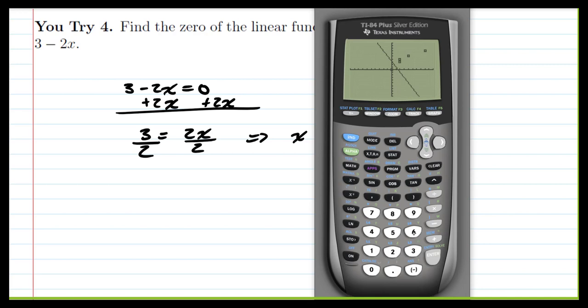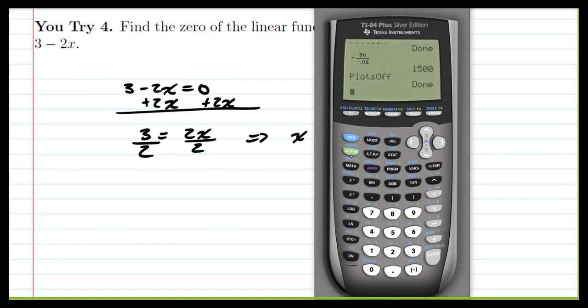And the other thing is we probably have some dots. You probably can't see yours now, but we have our scatter plot on our graph. That's not desirable. So when we're done doing that, to turn off our scatter plot, what we do is we go second, and we go to y equals, and we're going to go down to choice number 4, which is plots off, and then press enter.